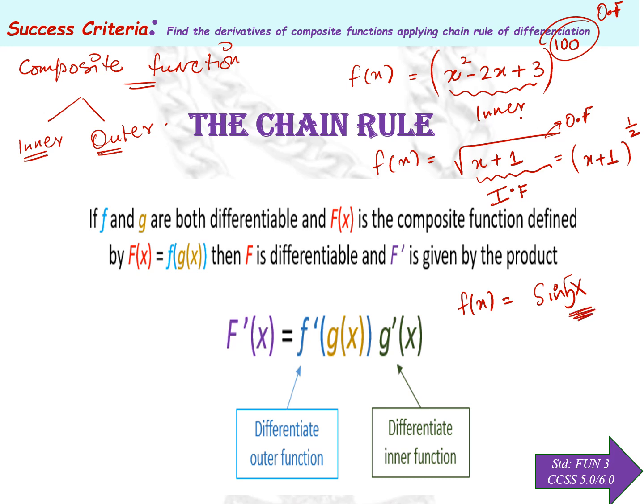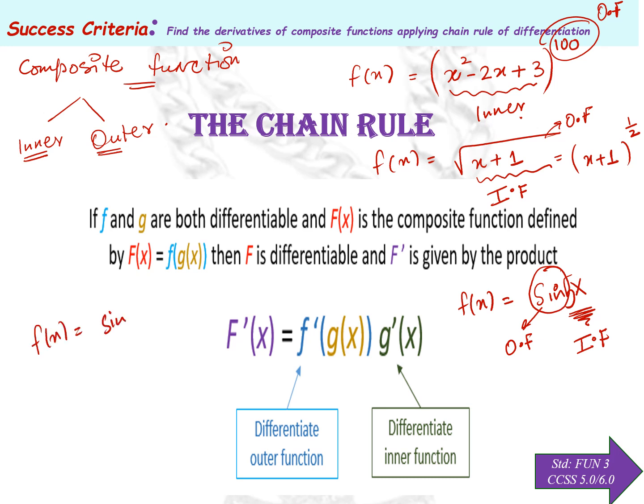The angle which is written after the sine, cosine, tangent or any trigonometric value is said to be the inner function, and this sine and cosine is said to be the outer function.